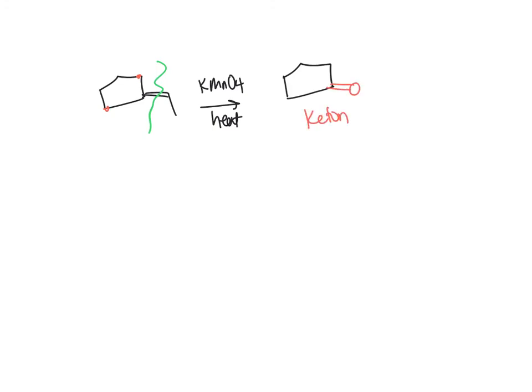And then this other carbon, I put in the hydrogen, so I can go all the way. There's a carbon there, and that hydrogen gets replaced to make a carboxylic acid. So those are your products.